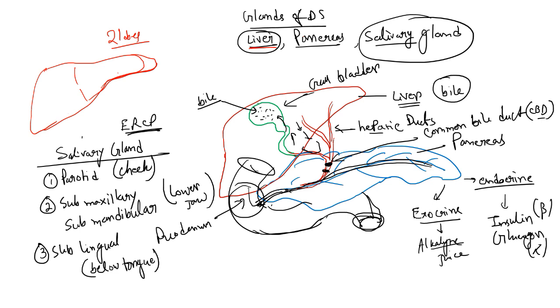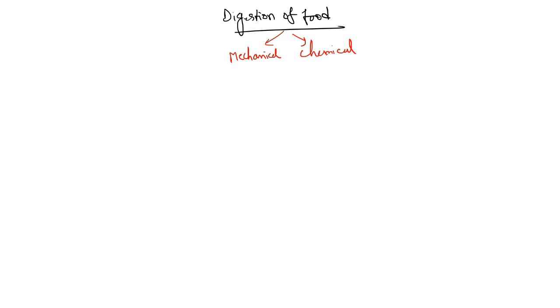So the structure of the digestive system, the organ structures are clear, the gland structures are clear. Now we are going to talk about the digestion of food. Digestion of food can be of two different types: mechanical digestion and chemical digestion.